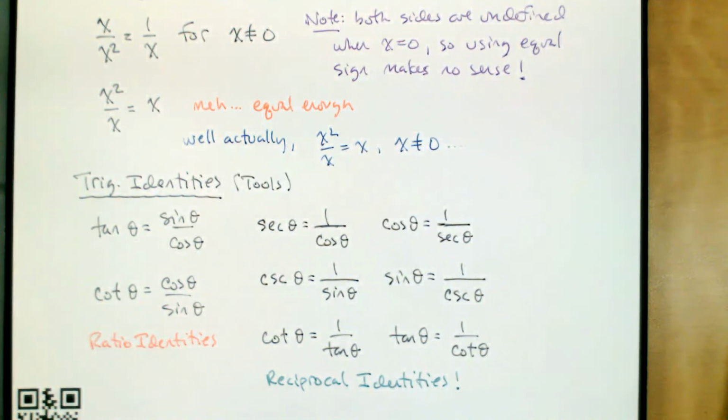It's important to remember these because one of our strategies in simplifying trig expressions and proving trig identities is to write things in terms of sines and cosines.